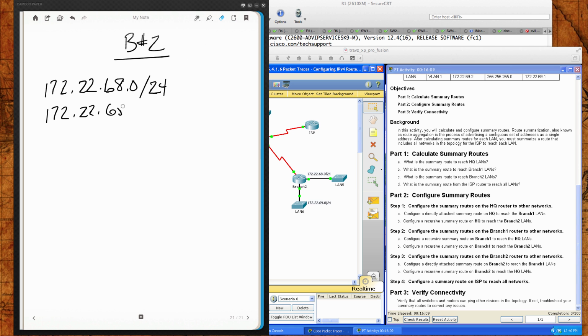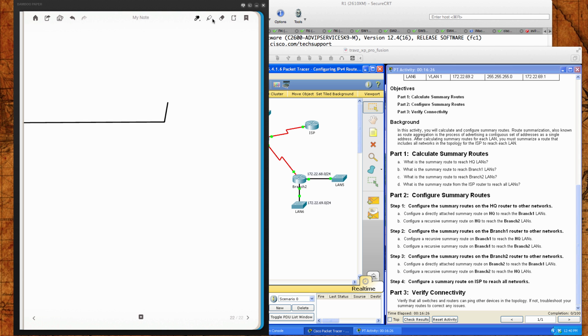So we've got the 60. Go back over to the pen. 69.0/24. And I keep hitting this button on the pen, so let me back up here. All right, so we'll start one more time.